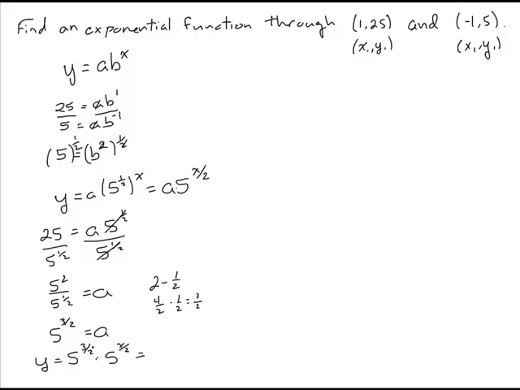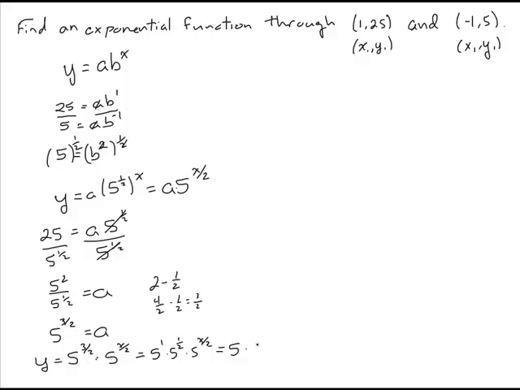But one option is I could, 5 to the 3 halves. Well, that's 5 to the first times 5 to the 1/2, and then we've got times 5 to the x over 2. Well, 5 to the first is just 5. 5 to the 1/2 and 5 to the x over 2, two things of the same base multiplied together, their exponents add.